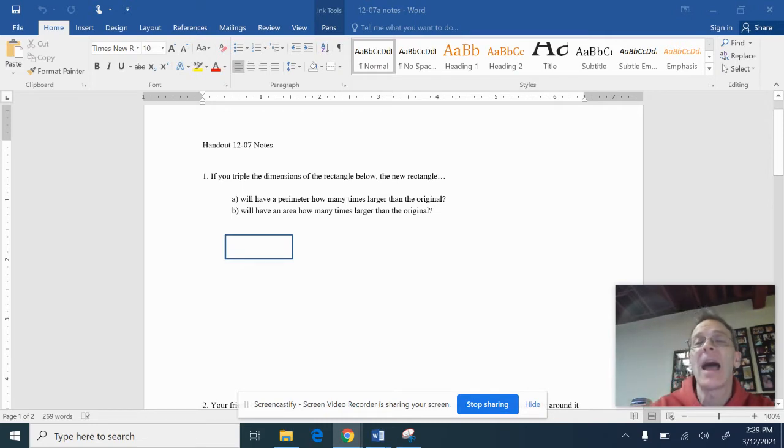I asked how many times bigger will the second rectangle's perimeter be than the first one. I don't have to know how big each one of them is separately to know how much bigger one is than the other. And that's something that really takes some getting used to.